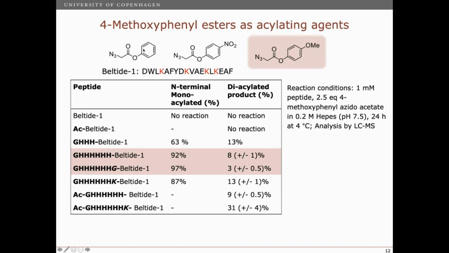We have a phenol ester, we have an activated nitrophenol ester, and then we have what we thought would be a deactivated phenol ester, which has an electron-donating para-methoxy group out here. And as it turned out, this reagent here gave us this selectivity. These 2 reagents were not selective at all. And that became really interesting, because it's the least reactive of these 3 reagents that gave the selectivity.